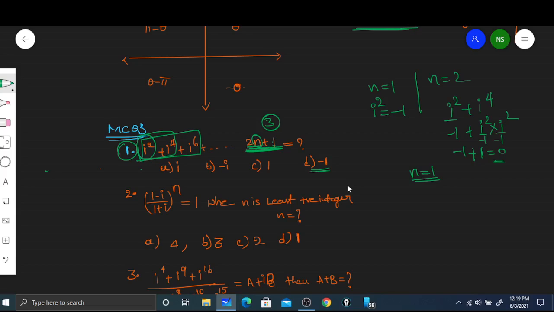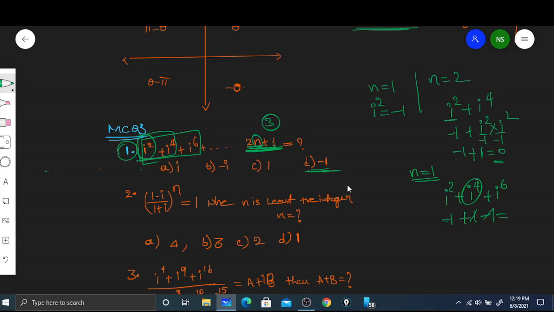First 3 terms you need to add: i square plus i to the power of 4 plus i to the power of 6. i square we know is minus 1, i power 4 is plus 1, i power 6 is minus 1. So these two will become 0 and finally we will get minus 1.